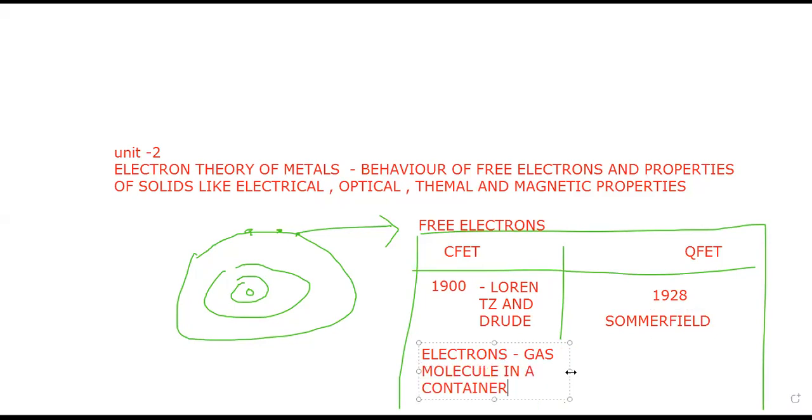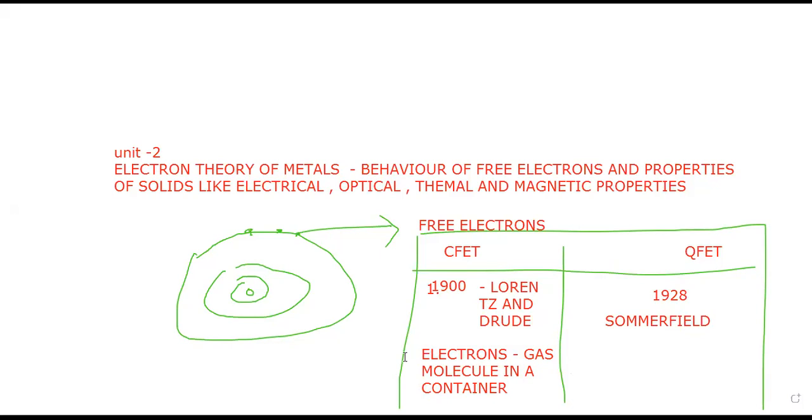So, who introduced the classical free electron theory, students? Lorentz and Drude introduced the classical free electron theory in the year 1900. Sommerfeld introduced the quantum free electron theory in the year 1928.